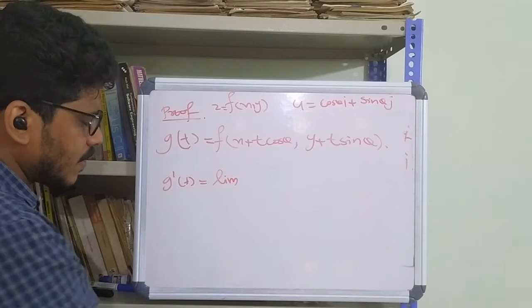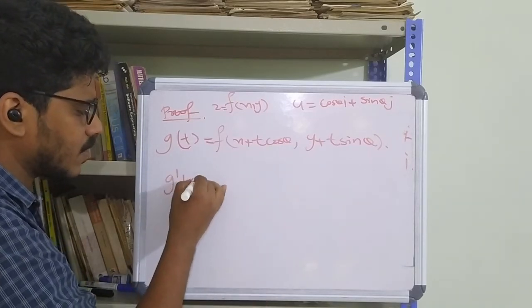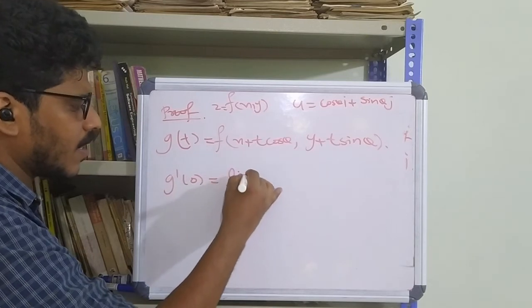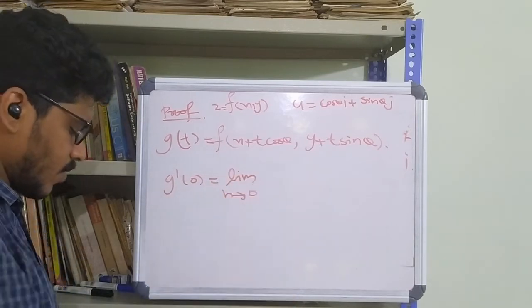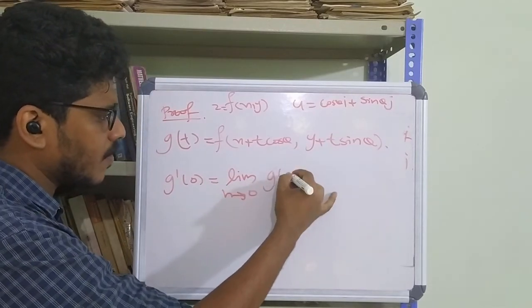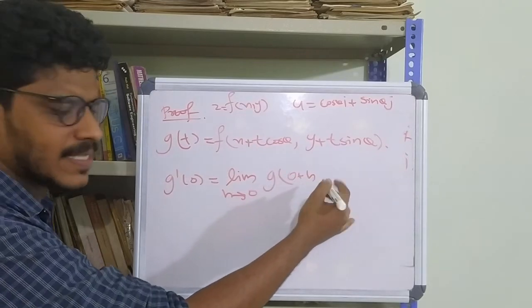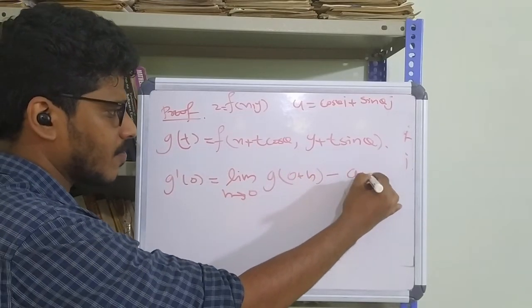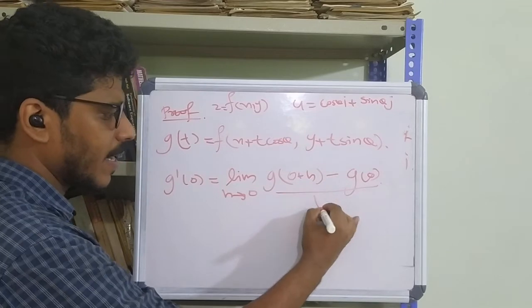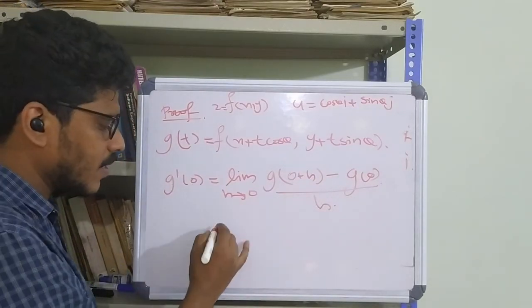Let's directly apply g dash of 0. G dash of 0 is limit h tends to 0, g of 0 plus h minus g of 0 divided by h. This is how we find the derivative at 0.